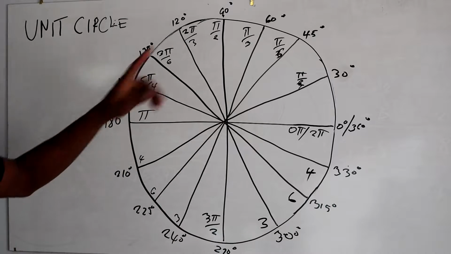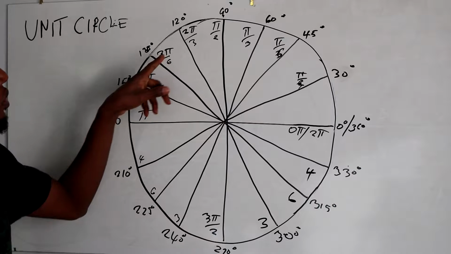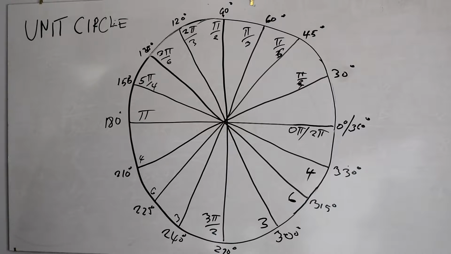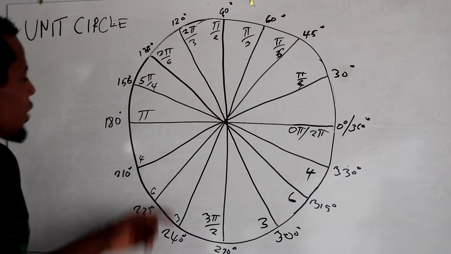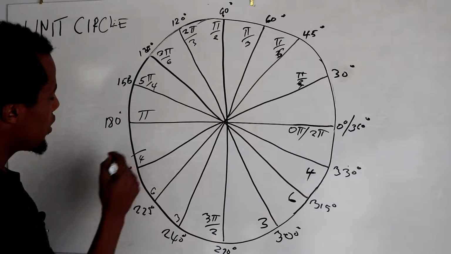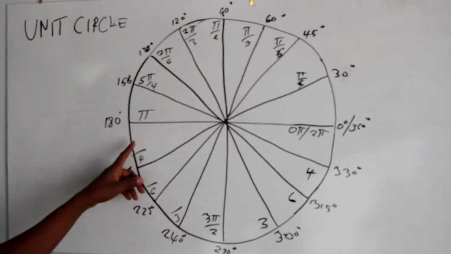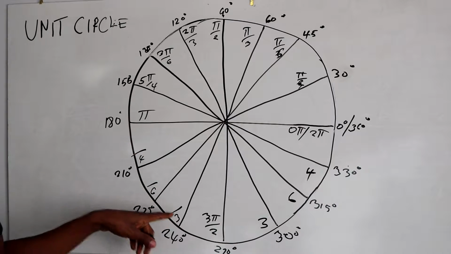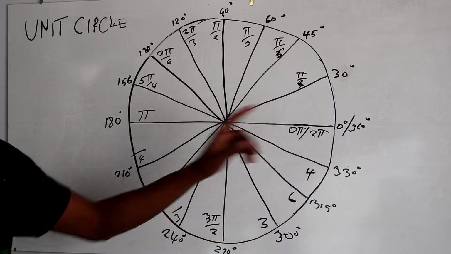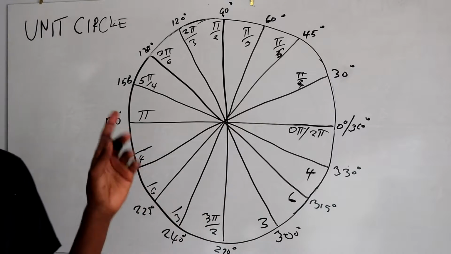So 120 degrees is 2 pi over 3. 135 degrees is 3 pi over 4, and 5 pi over 6 is 150 degrees, right? And 180 is pi. If we come to the third quadrant, remember the procedure, 463 or 364, right?